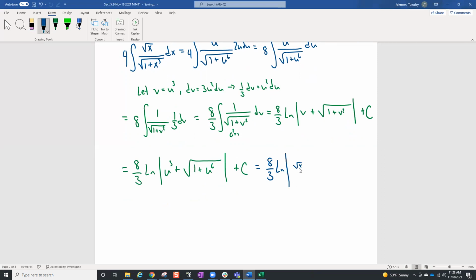So this is the square root of x to the 3rd plus the square root of 1 plus the square root of x to the 6th, plus c. We'll finish that with 8/3 natural log of, in absolute values, x to the 3/2 plus the square root of 1 plus x cubed, because the square root is the 1/2 power, and 1/2 times 6 is 3.